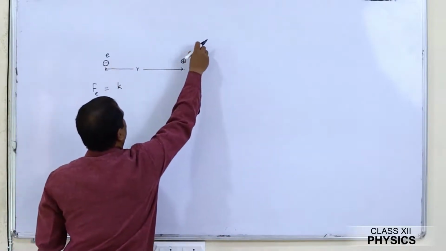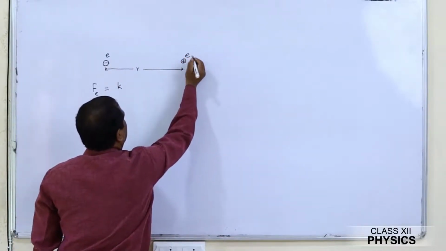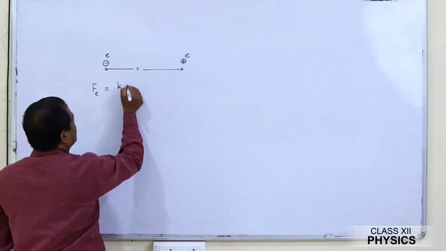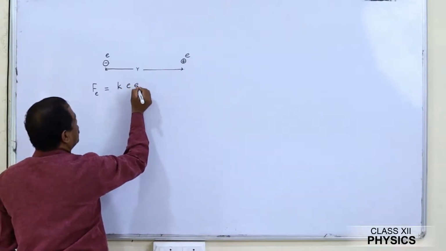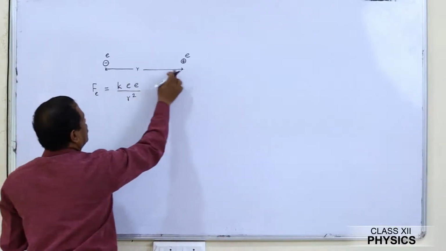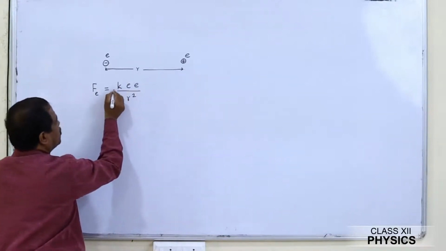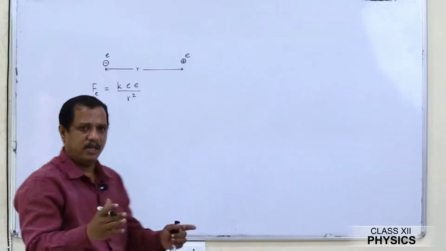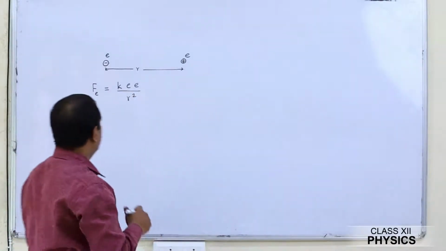So the magnitude of the two charges is equal to e. So I say that this is e into e divided by the square of the distance. Since the nature of the force is attractive, at times we give a minus sign. We are bothered now only about the magnitude of the force.